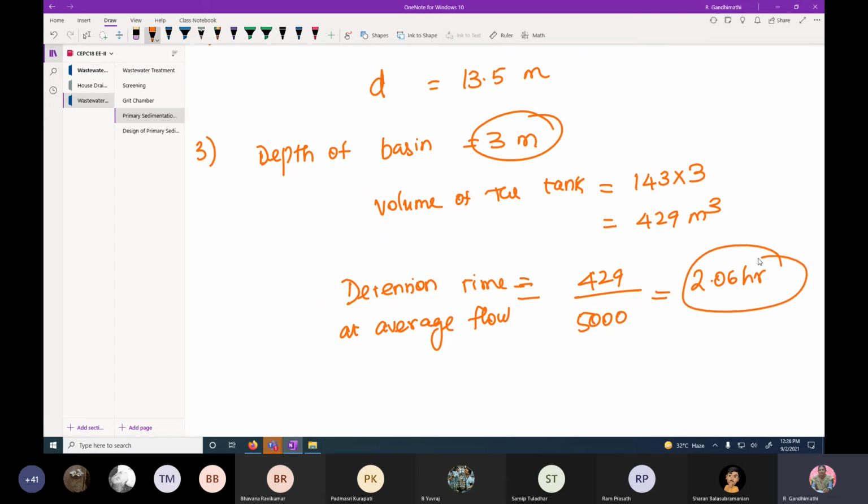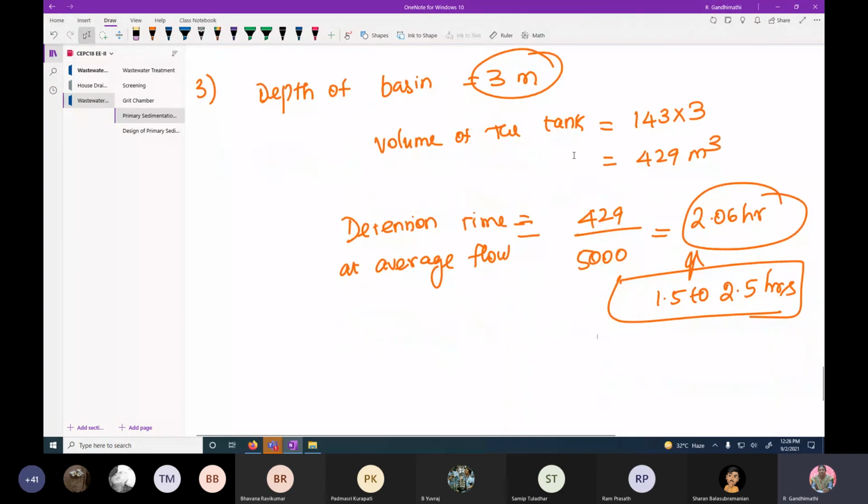What is the design criteria I have given? It should be between 1.5 to 2.5 hours. So it can handle the average flow with a retention time of 1.5 to 2.5 hours.